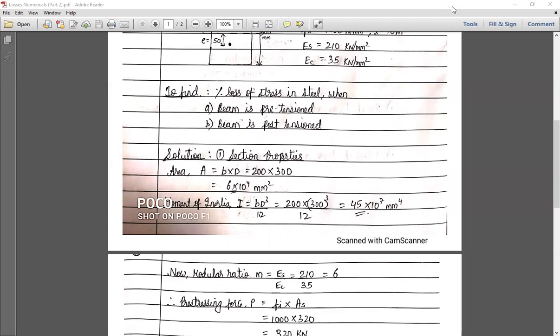I will upload one more assignment on pre-stress once we finish. These assignments are useful for your preparation for the exam.